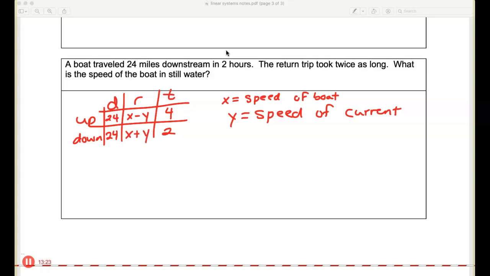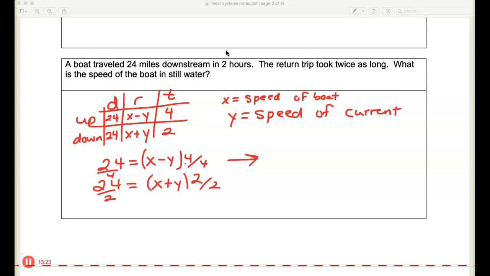So again, if we do that same ratio, or actually you can just do your equations right here, right? Distance is equal to rate times time, and then distance is equal to rate times time. We could either distribute our 4 and our 2, but I'm going to divide it out to make smaller numbers. So now we get 6 equals x minus y. 12 equals x plus y.